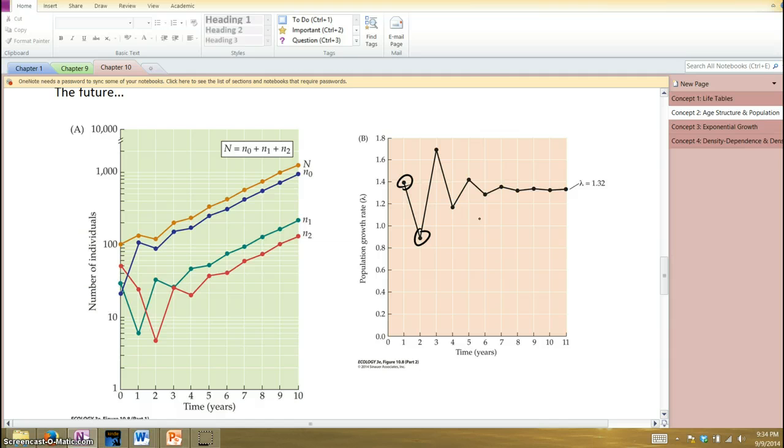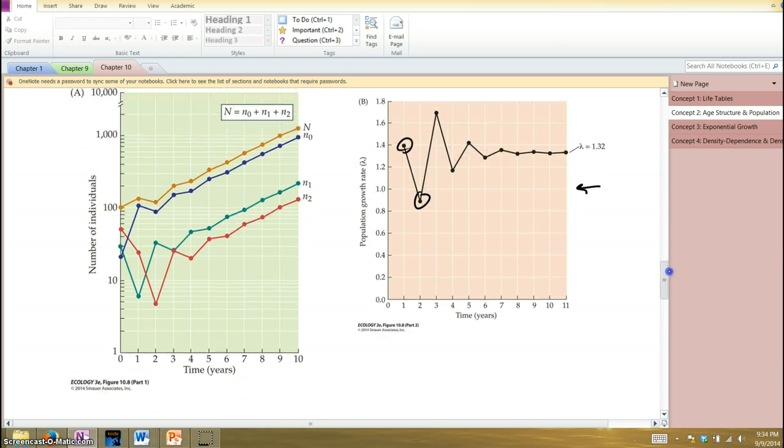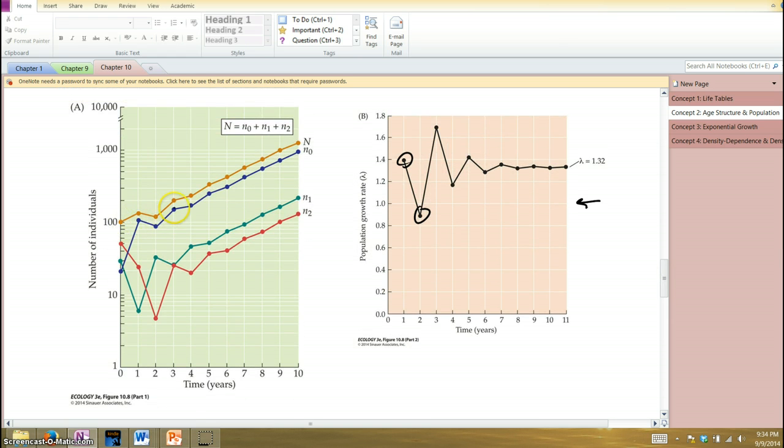And so what essentially is a lambda of a population that's not growing, that's just stable? Well, it's going to be 1. And anything greater than 1 is a growing population. Anything less than 1 is a shrinking population. Now, if you were to do this again and again and again, you'd get this graph. The population, although we had this one little decrease, begins to just sort of consistently grow.